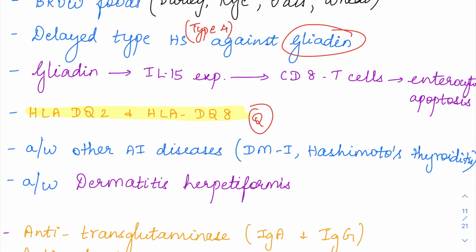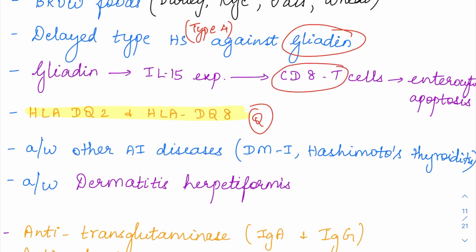This gliadin is resistant to degradation, and it will traverse through the enterocyte and enter into the lamina propria. There it is going to trigger interleukin 15 expression on the enterocytes, and this interleukin 15 is going to recruit intraepithelial lymphocytes, which are CD8 positive T cells.